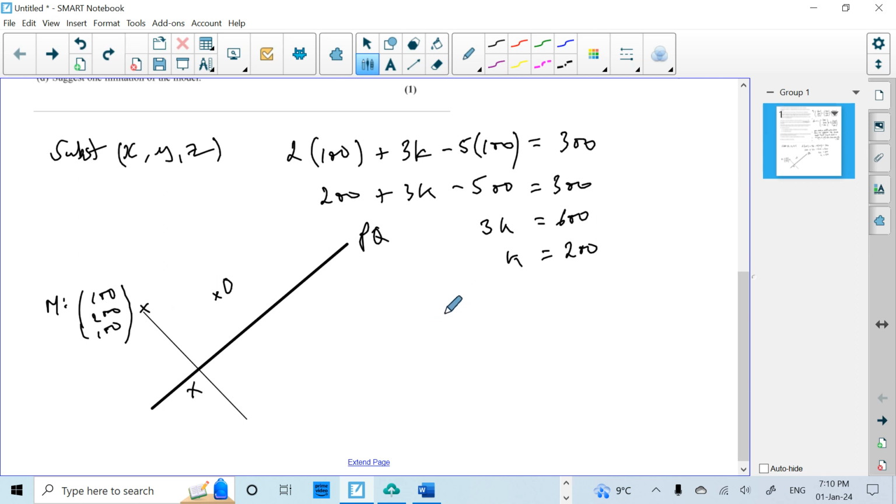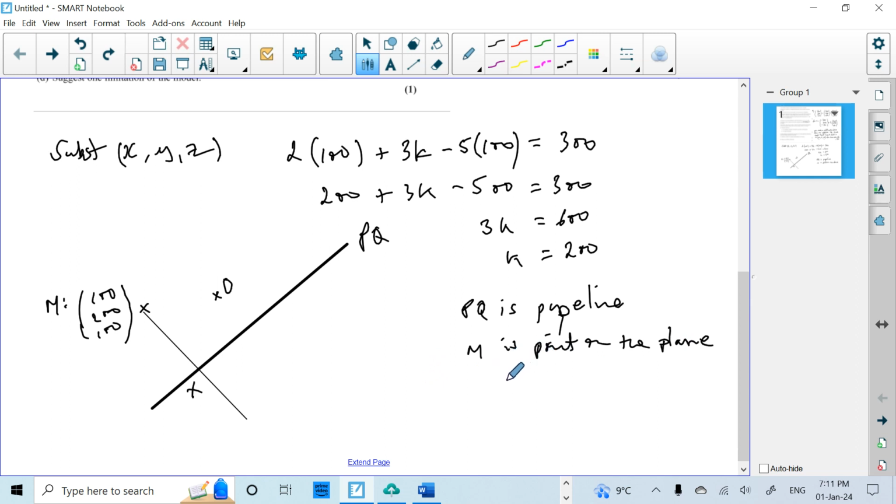PQ is the pipeline, and M is a point on the plane. I haven't drawn a plane, but it's just a flat object, which is perhaps not the most sensible thing, but it is what it is.